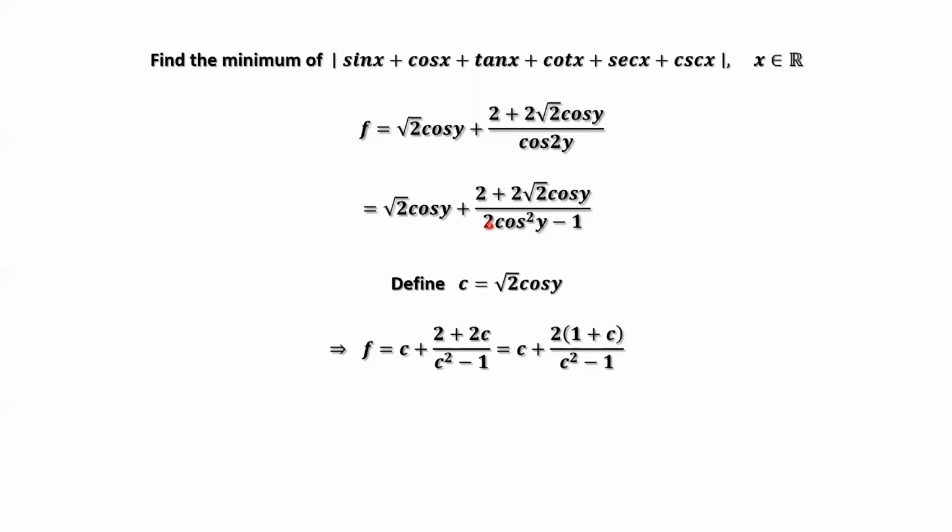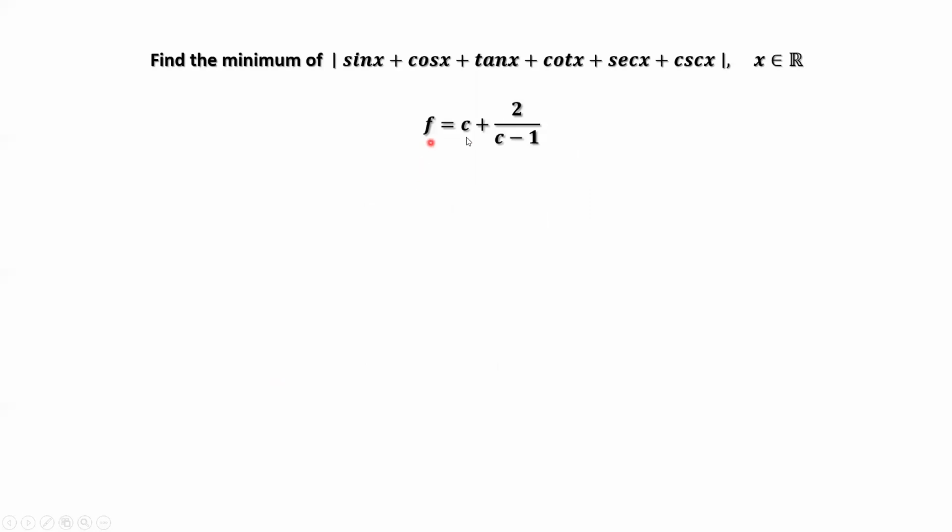We can consider 2 as the square root of 2 squared, which is square root of 2 cosine y, squared. That means we have c squared here. Now we factor 2 out. Denominator, that's c minus 1 times c plus 1. The c plus 1 can be cancelled from both numerator and denominator. Then we have f equals c plus 2 over c minus 1.